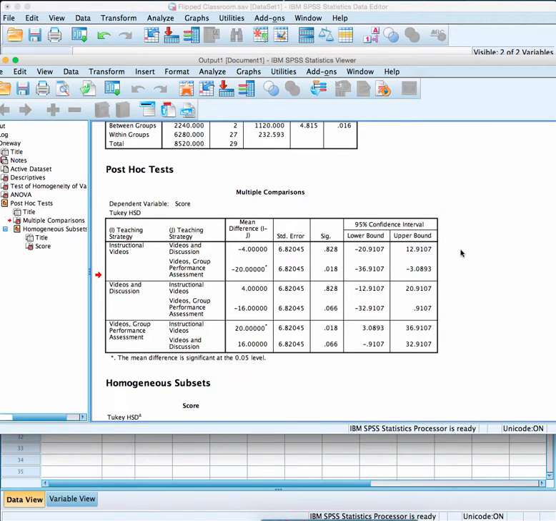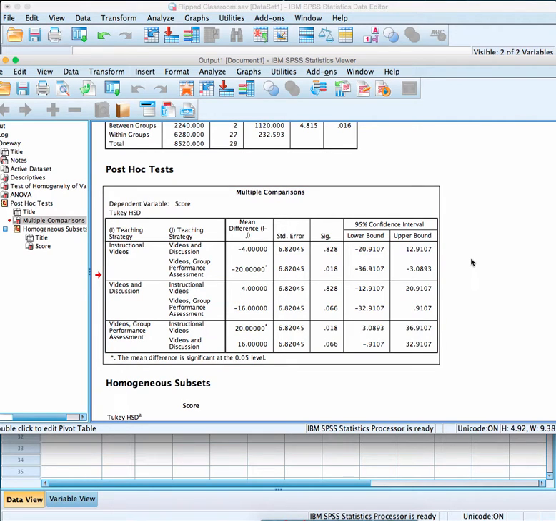So we can see that our instructional video group has the lowest score compared to the other 2 groups. And so there's a significant difference between instructional videos and the video and group performance assessment group, but not between the instructional video and the videos and discussion group.